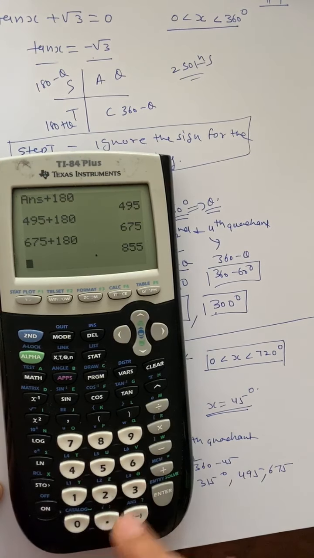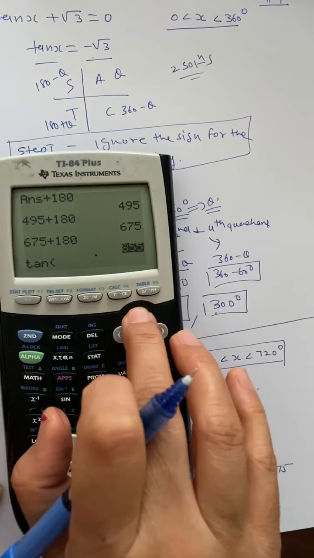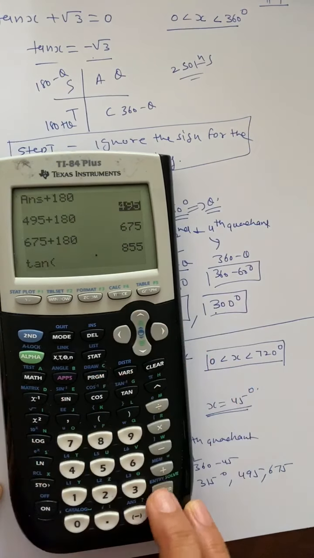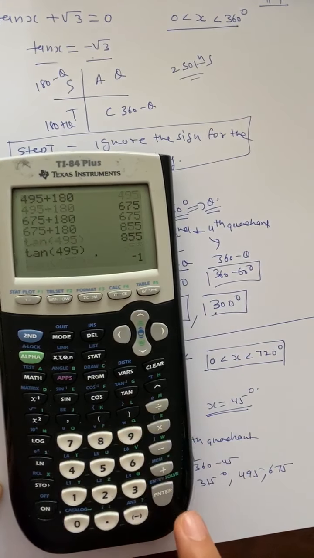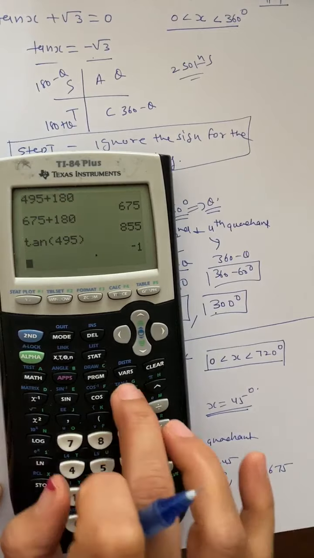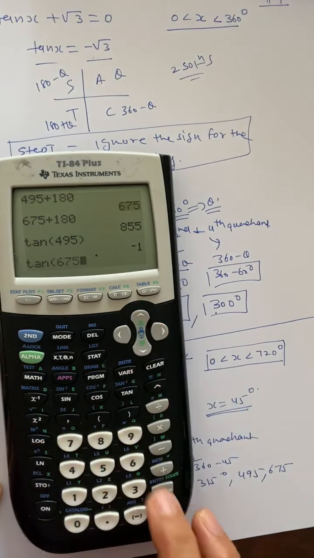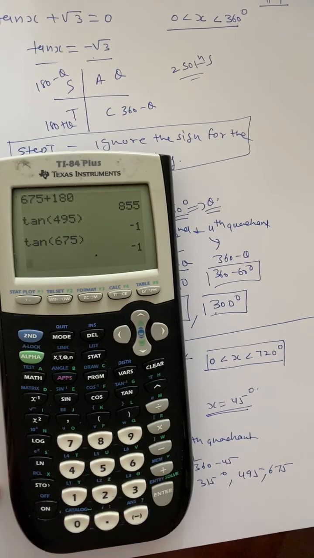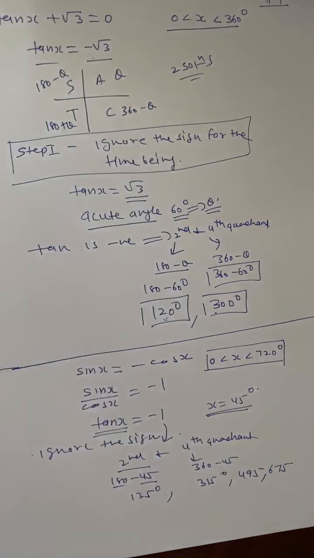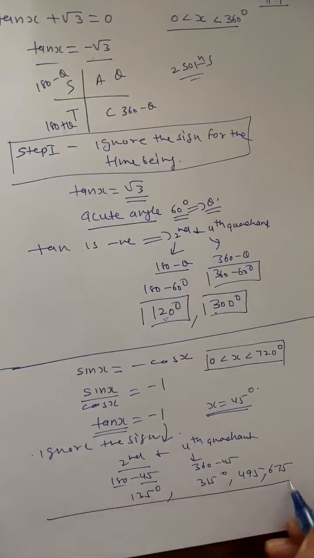I'm just going to check tan of 495 here. If I enter, that gives me negative 1, so I'm good to go. And then I want to check 675, and that is also negative 1. So these are the 4 answers which you got for this one.